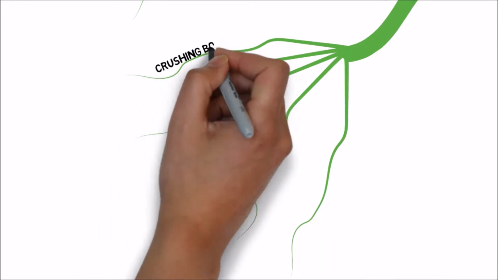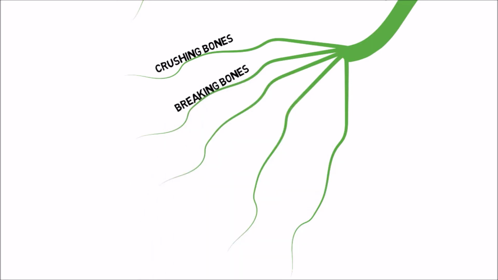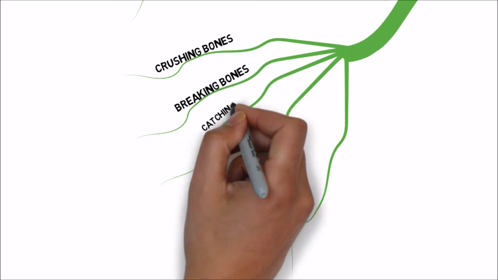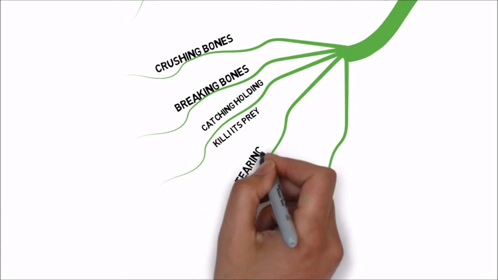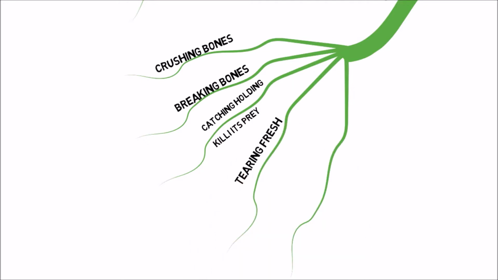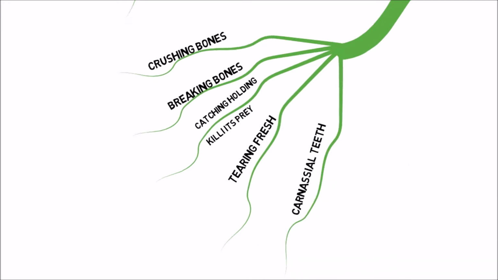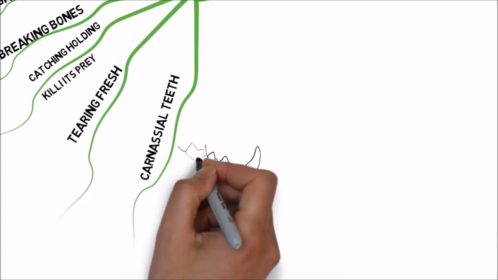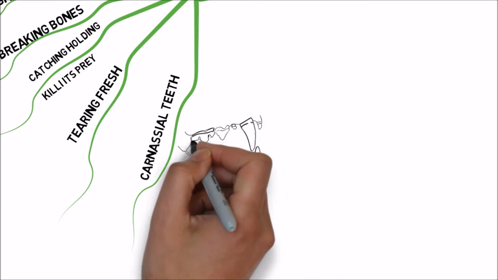So their teeth and jaws are structured for crushing bones, breaking bones, catching, holding, and of course killing their prey. Think about a leopard or a cheetah. Then tearing of flesh. Lastly, those sharp pointed teeth that are called the carnassial teeth. So I'm going to draw, and if you look at a cat, you'll see these sharp teeth, or even a dog.